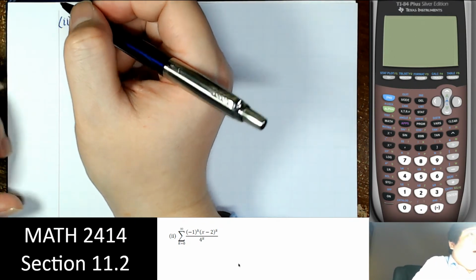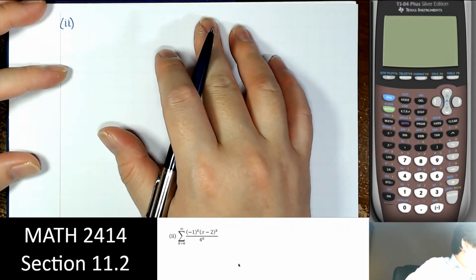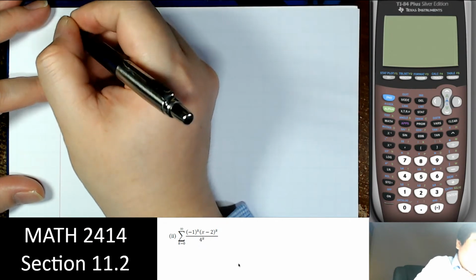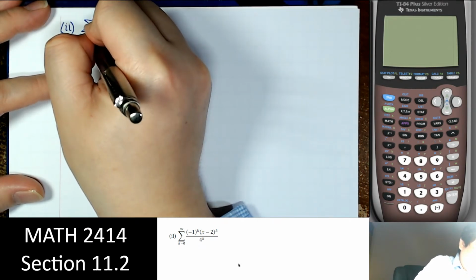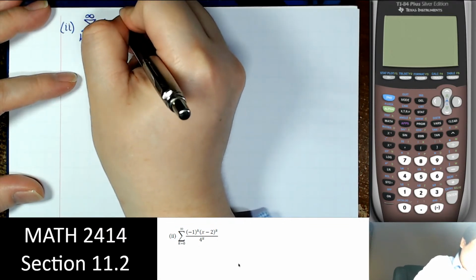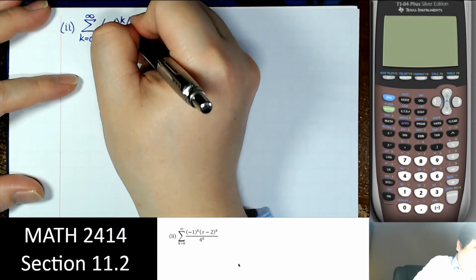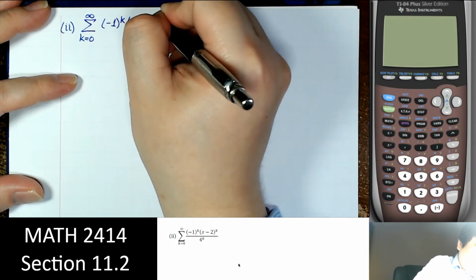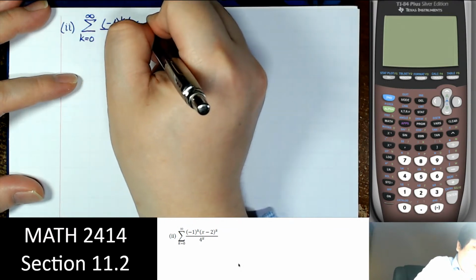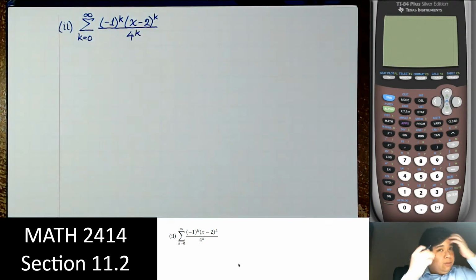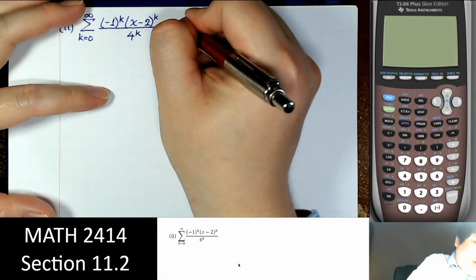So we find the radius of convergence and interval of convergence for this series. Once again, we use the ratio test.